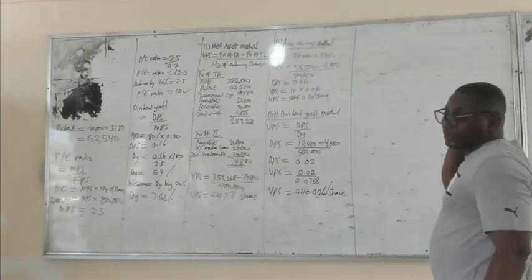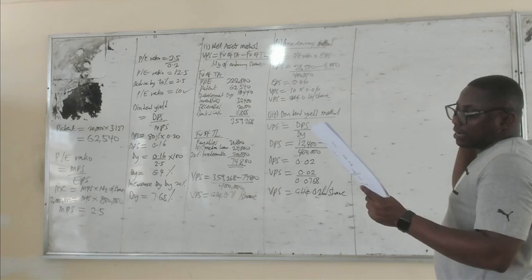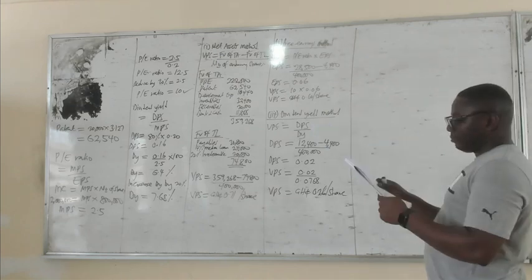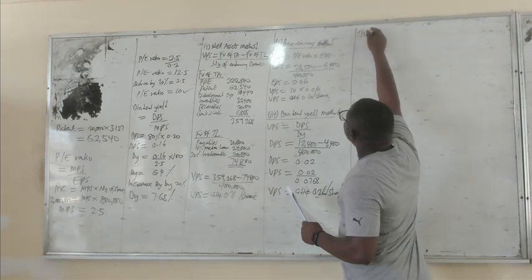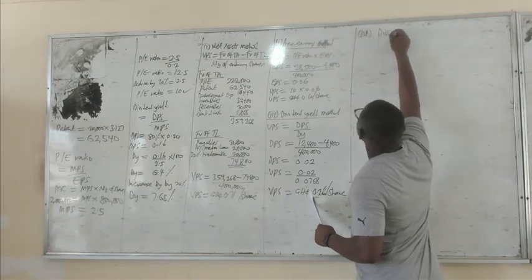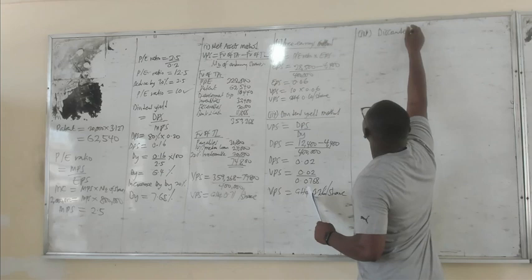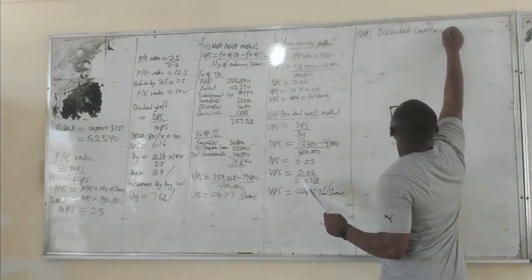Okay. Then the last one is the discounted cash flow method.